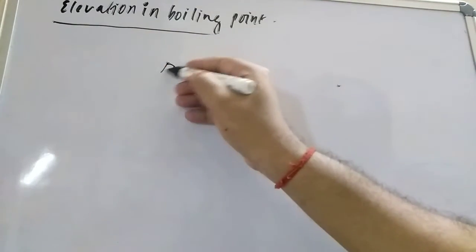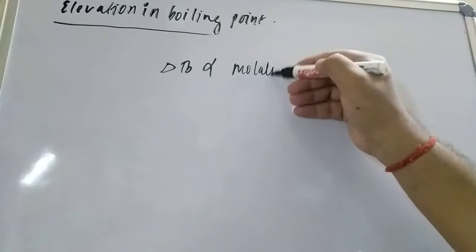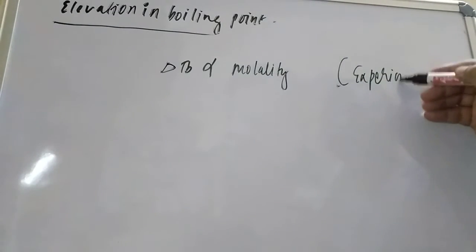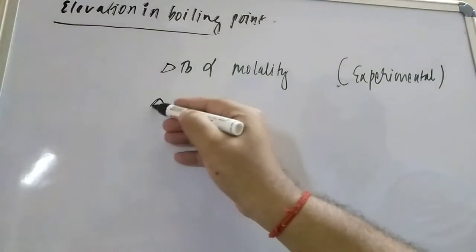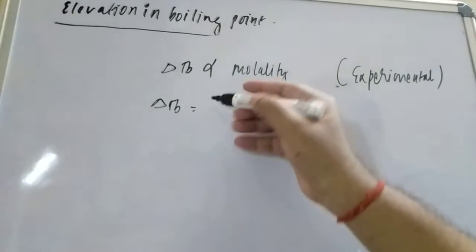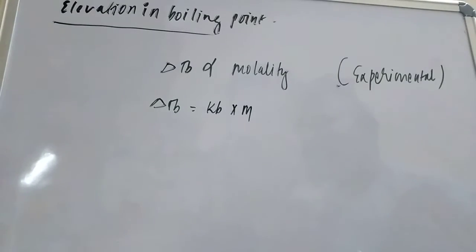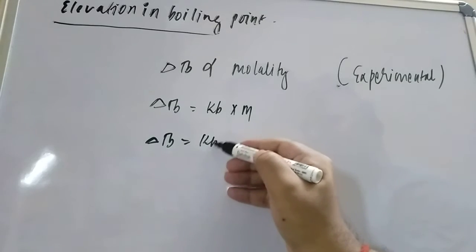So delta TB is proportional to what, student? Molality. This is experimental. Here we can write delta TB is equal to KB into small m. Now delta TB is equal to KB.